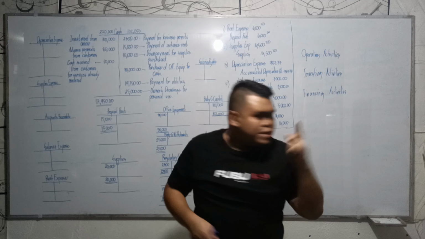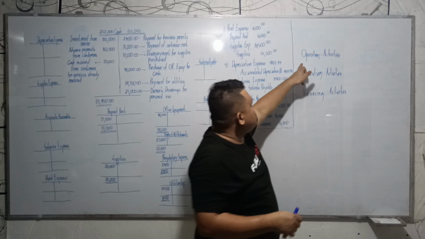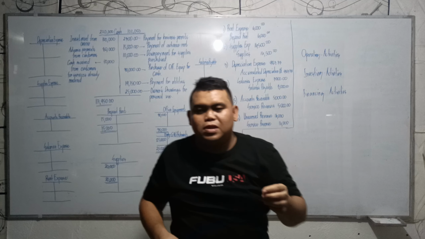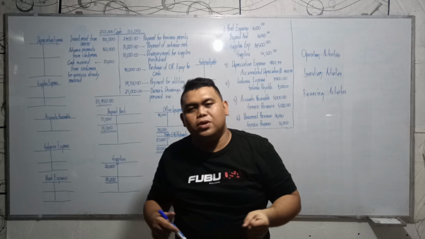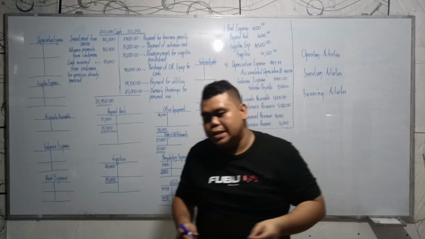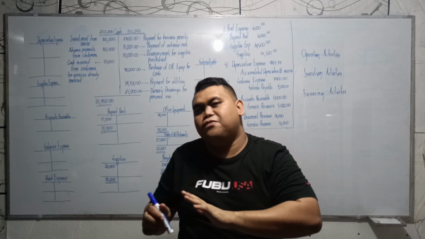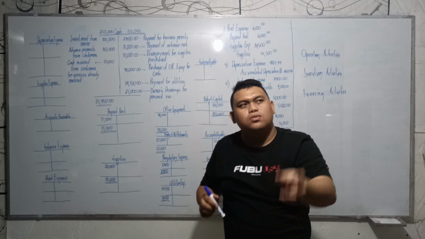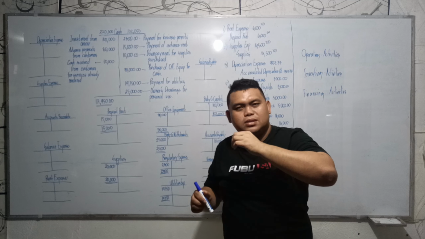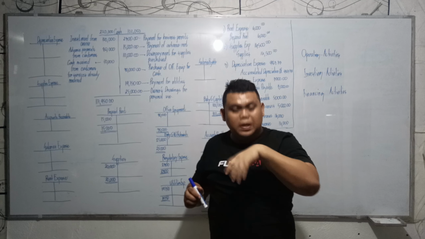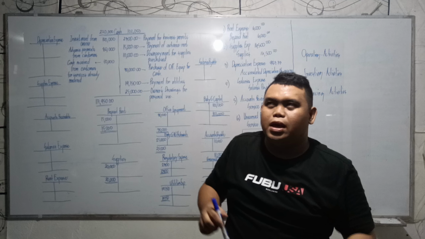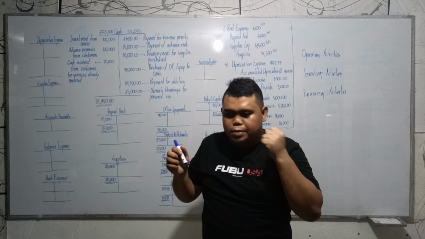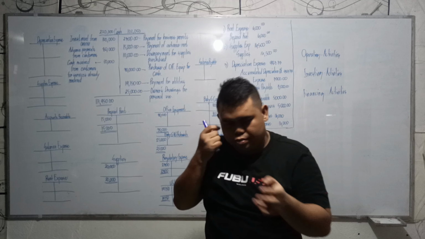Okay? So let's talk about operating activities. These are activities related to the day-to-day operations of the business. For example, if your business is a fast food chain, the operations are related to the fast food chain business, like selling fast food. Say you are selling fried chicken.